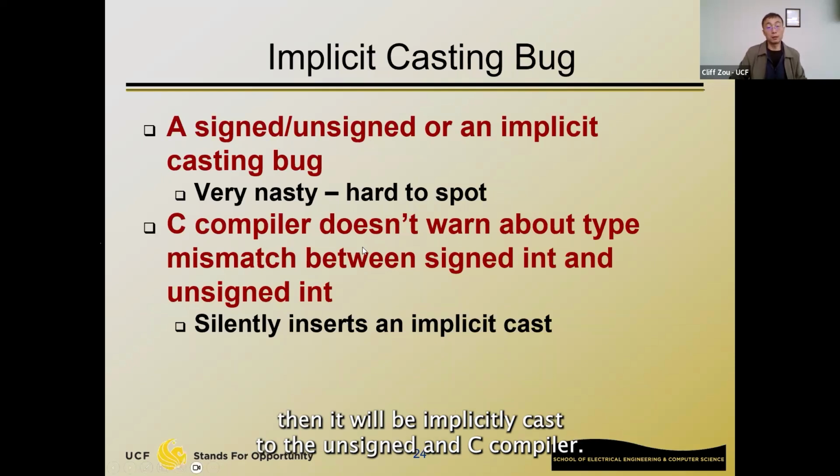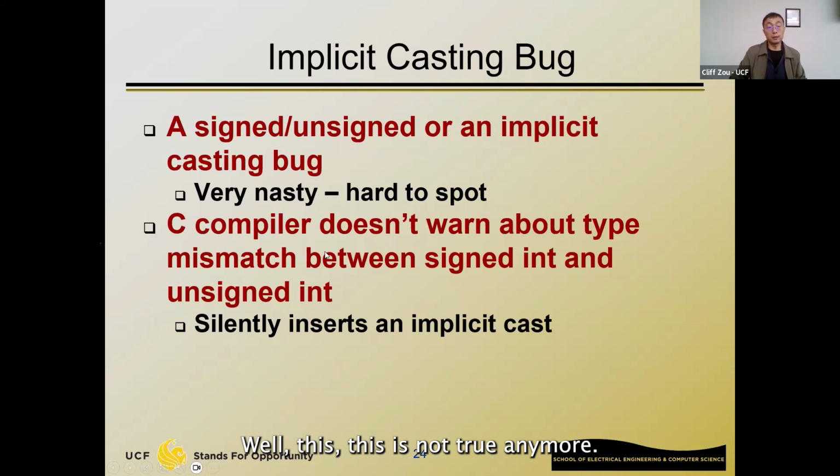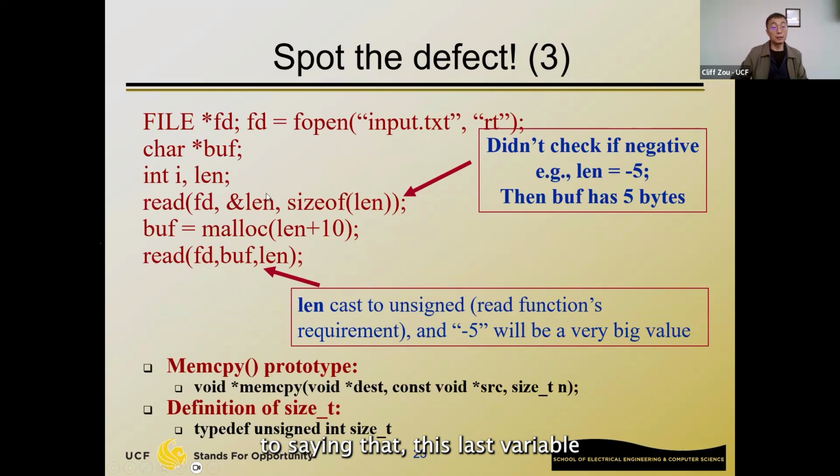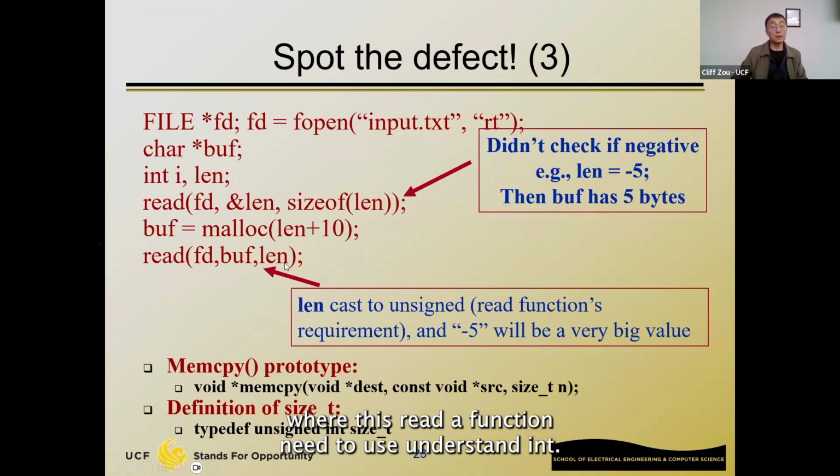The C compiler, well, this is not true anymore. Right now, if you compile this code, the C compiler will actually give you a warning saying that this length variable you defined as int is a signed int, where this read function needs to use unsigned int.